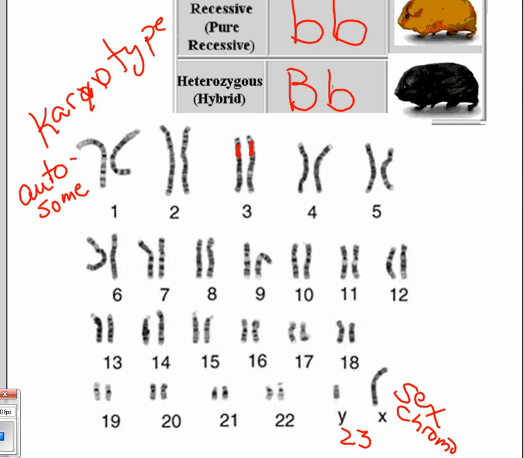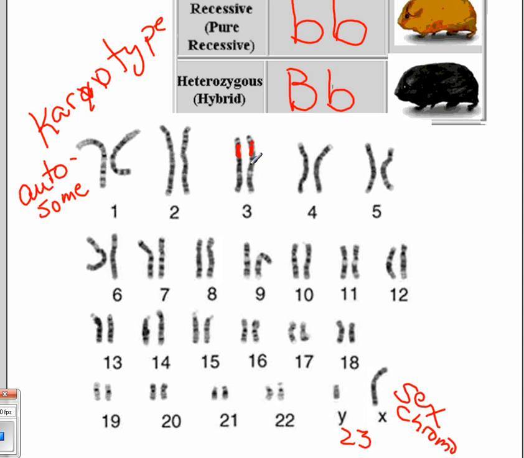Yep. So a karyotype shows us photographs of the chromosomes, and we know that certain areas on homologous chromosomes are going to be coding for the same trait.